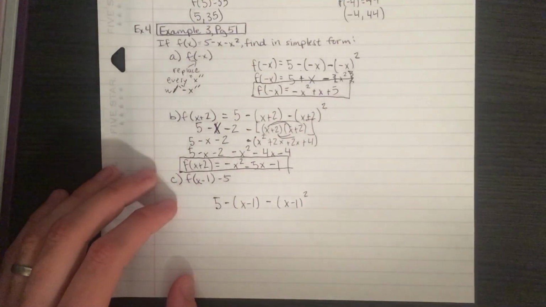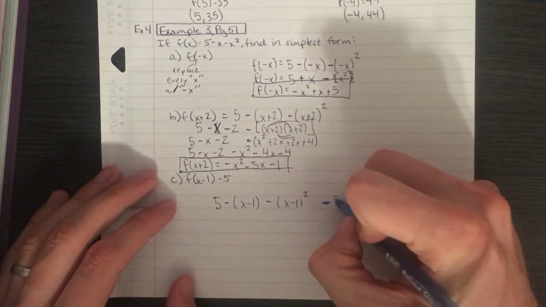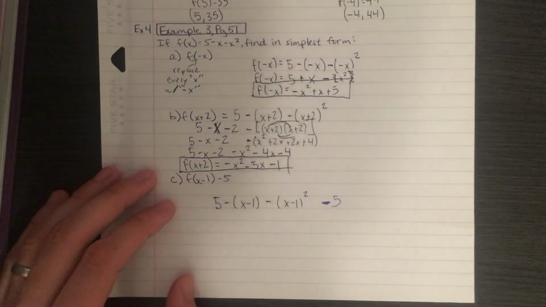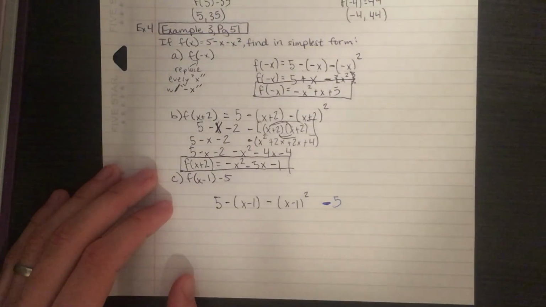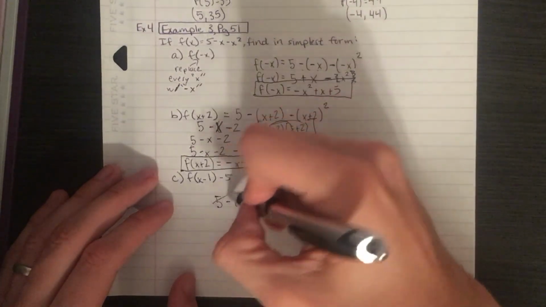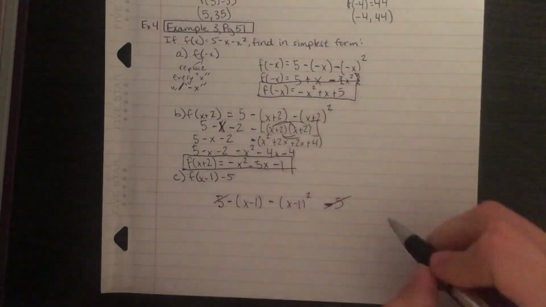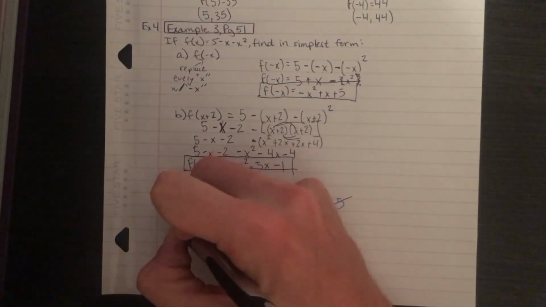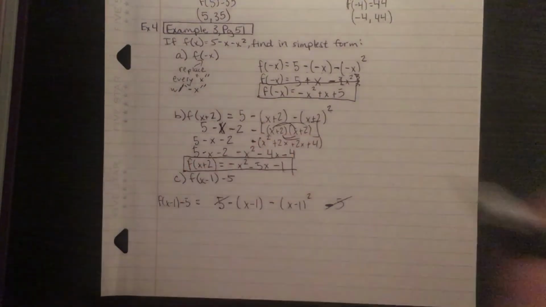And then at the end of all that, we'll have a minus 5. So right off the bat, I'm going to go ahead and cancel these minus 5s. Because it's like 5 and minus 5. Those are going to cancel out. So then as we'll see, f of x minus 1 minus 5 equals.